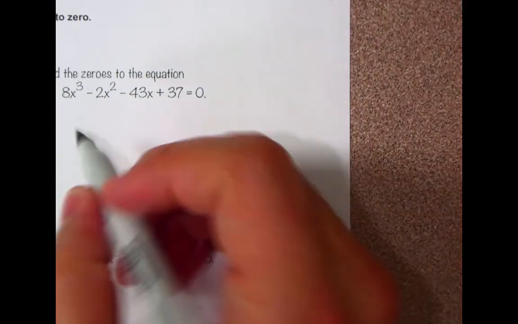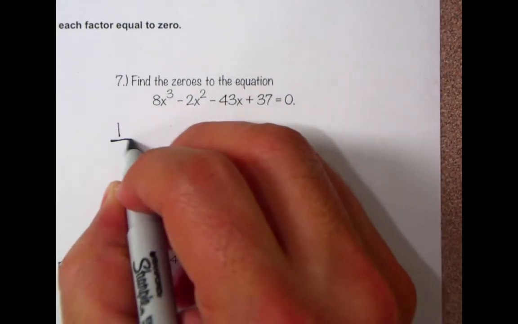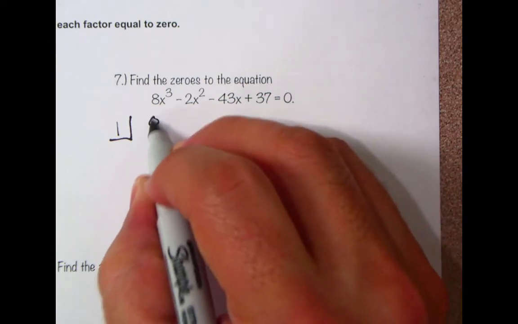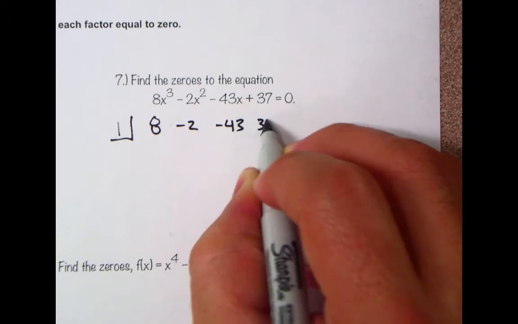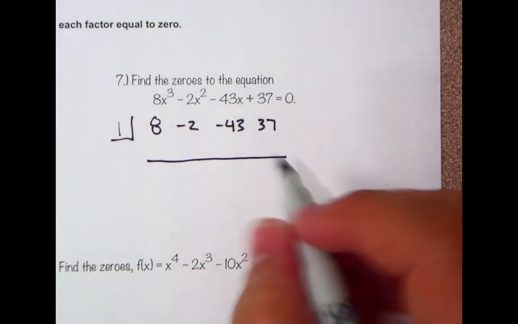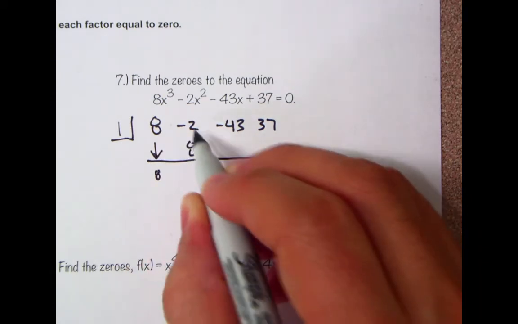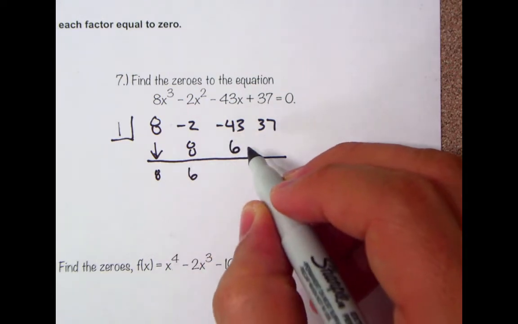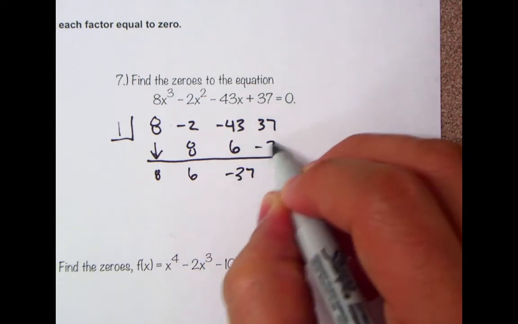So here's what I do. Step 1, I found a whole number solution, so I'm going to use it. I place 1 in synthetic division. Bring the numbers down of 8, -2, -43, 37, and I'm going to run synthetic division. The first number comes down, so 8 times 1 is 8, -2 and 8 is 6, 6 times 1 is 6, -43 and 6 is -37, -37 times 1 is -37.